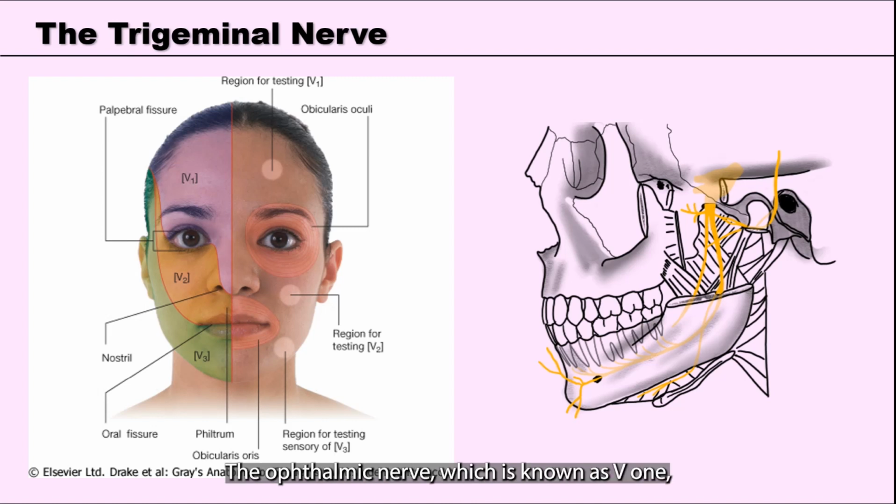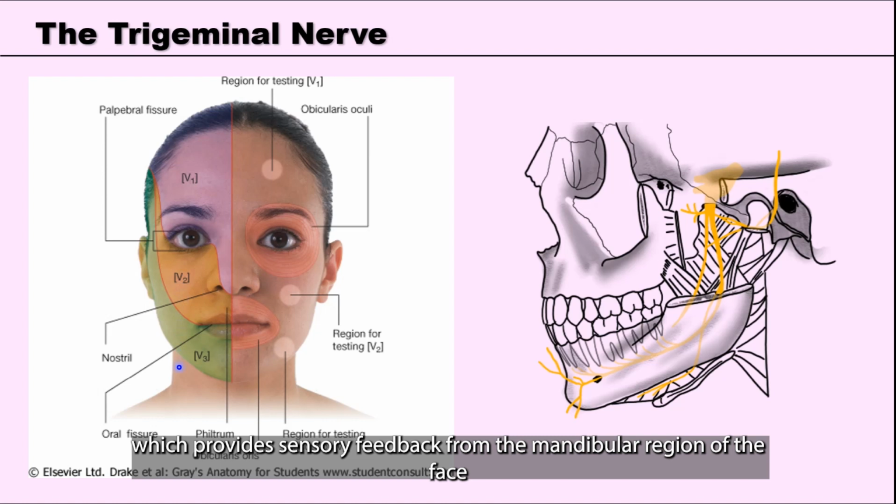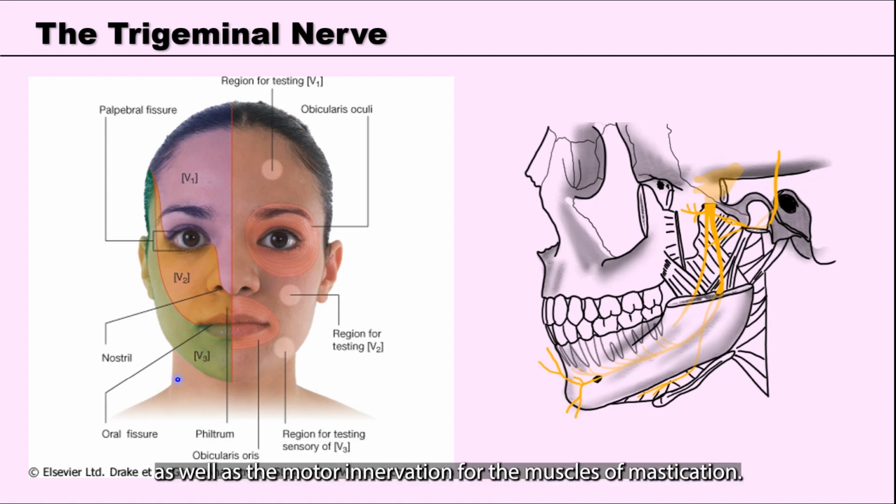The ophthalmic nerve, which is known as V1, provides sensory information from the superior region of the face. The maxillary nerve provides sensory information from the middle portion of the face. And finally, the mandibular branch, which provides sensory feedback from the mandibular region of the face, as well as the motor innervation for the muscles of mastication.